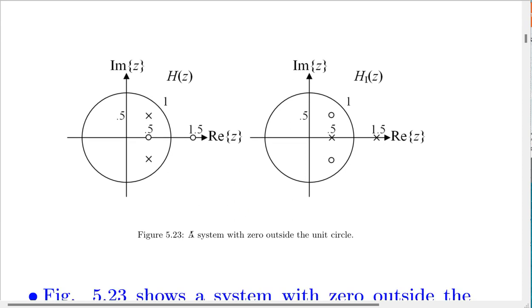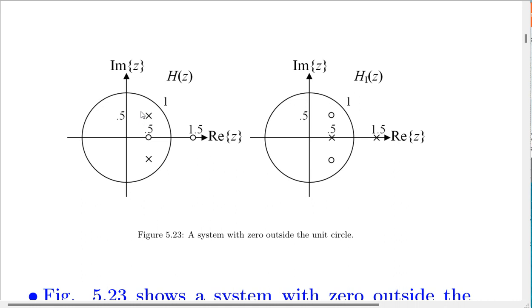Here you see the idea. There is a zero at location 0.5. So for the inverse system, it should be a pole. And another zero at location 1.5 has been converted to a pole.